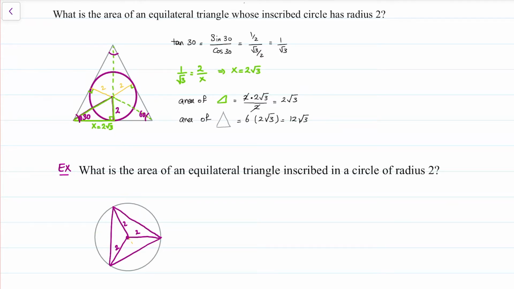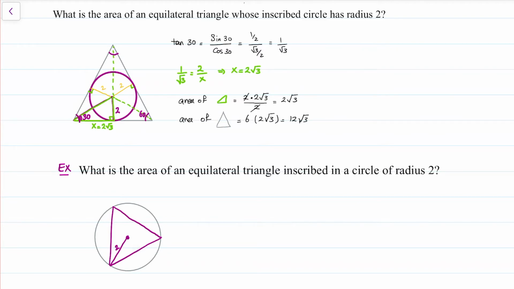I'm going to use the smaller triangles in here, find the area of the smaller triangles, and add them up to find the area of the bigger triangle.